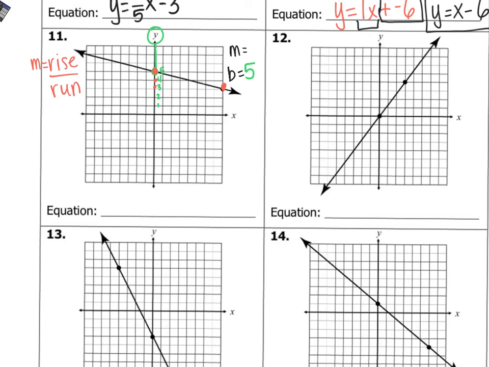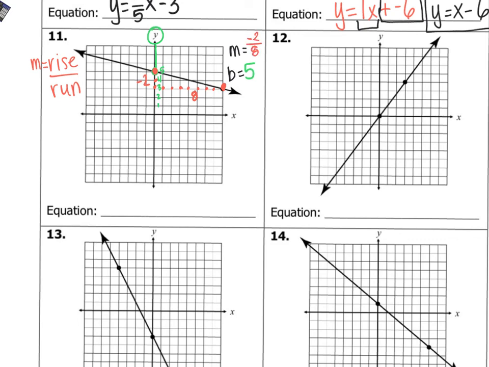Yep, so that's down 2. And if I go down 2, that's a -2. And I'm going to go right 1, 2, 3, 4, 5, 6, 7, 8. Right 8. So my slope, my m, is -2/8.